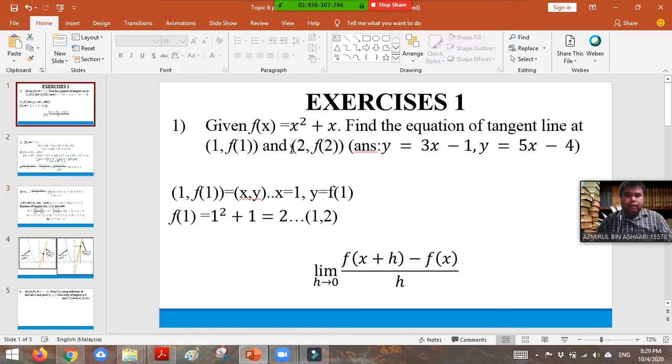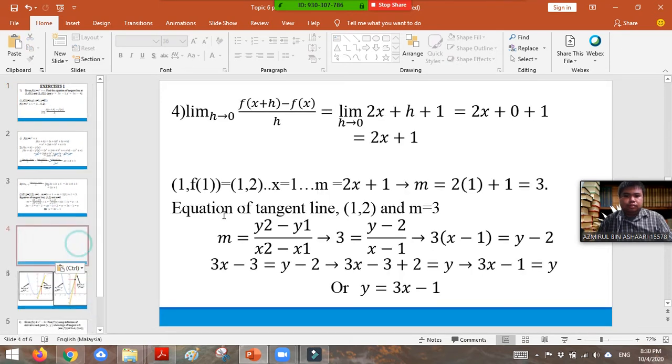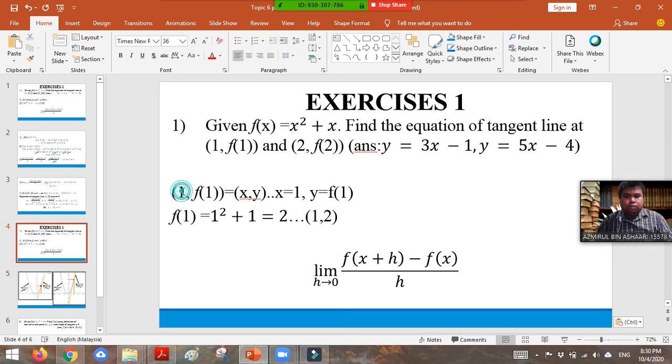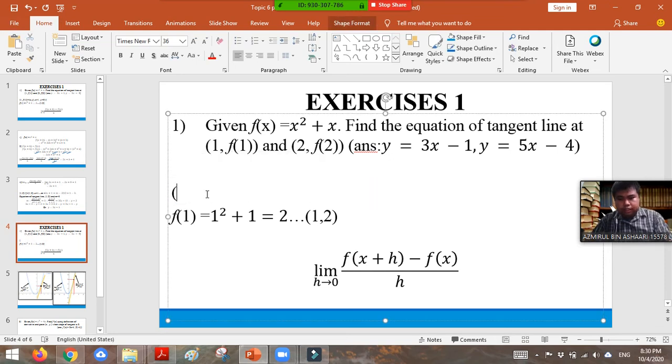Okay, next we want to find that at the point (2, f(2)). Okay, at the point (2, f(2)), which is, you know, that x equal to 2 and y equal to f(2).